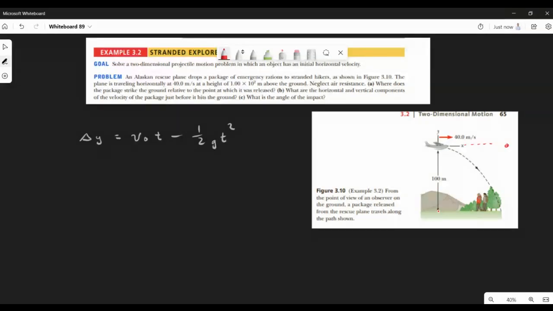I know that this distance here is negative 100, if you recall that. The reason I'm using this is because that's where the ground essentially is. And then my V0 in this case is going to be 0. There is no vertical velocity in this case. It's only a velocity in the X direction.